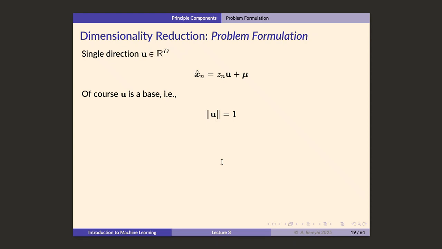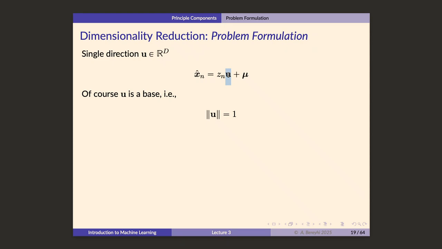So if I want to do that, I can write down my vector x in the form of that single number, as you can see here, Zn. This is just a scalar, multiplied with one vector u. Okay? Let's think of it for the moment. Just forget about that hat here and also the mu here.